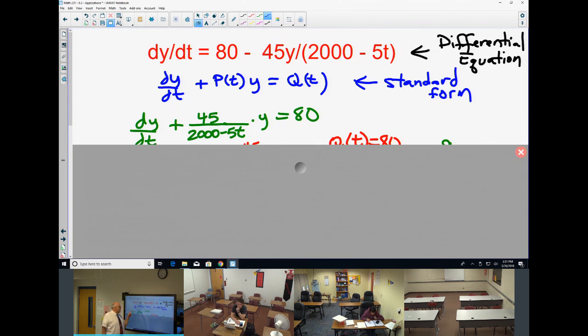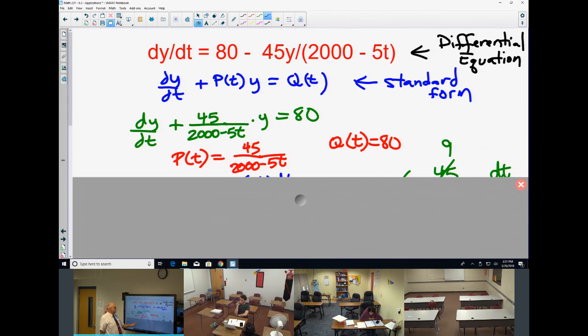So I'm going to have dy/dt plus 45y over 2000 minus 5t equals, and then just leave the 80. What I did from the first step to this one is I just brought this term over, and I keep the y in it. Because when we identify the p of t and the q of t, or p of x and q of x, it's the function without the y. So that's why you leave the y separate. This is the p of t, 45 over 2000 minus 5t, and the q of t is 80.